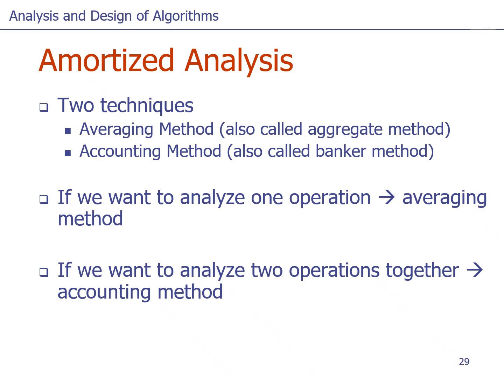So typically, if a data structure is utilizing amortization, it will be utilizing it in insert, delete, and search. So if you are analyzing two operations or more, you use the accounting method. But if it's only one operation, then stick to the averaging method.